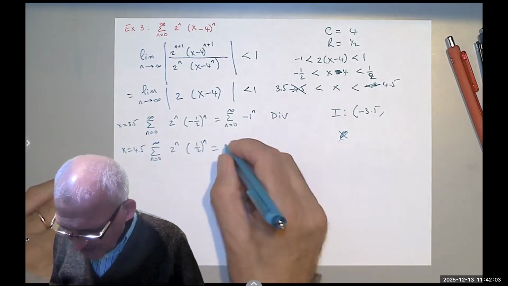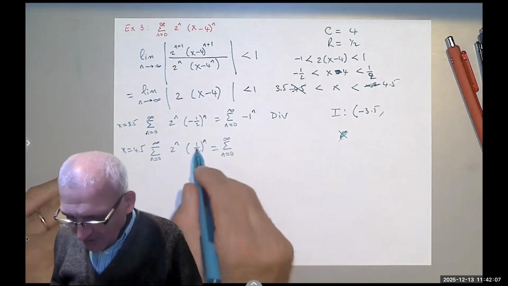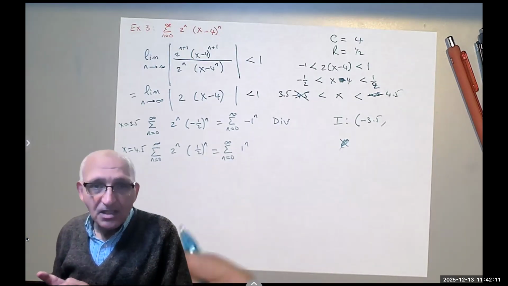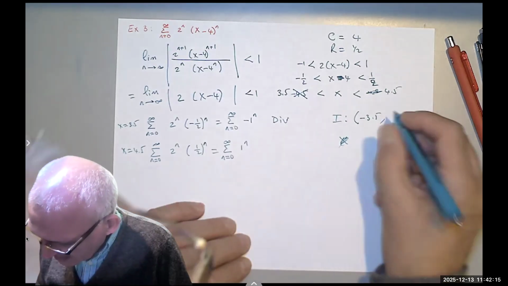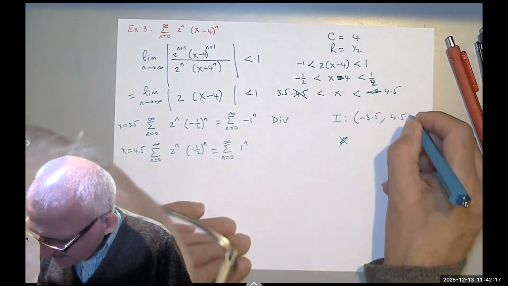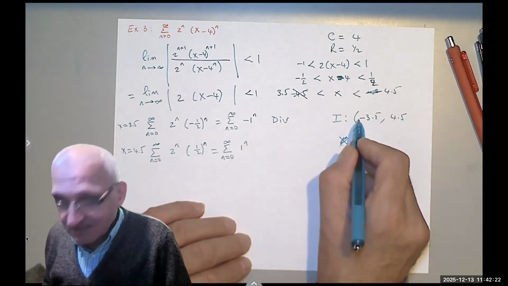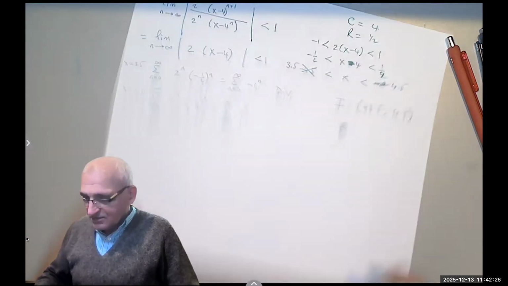Again, like before, this would be the summation, going from 0 to infinity, of 2 times 1/2 is 1, 1 to the n, and definitely this one will diverge because it's 1 plus 1 plus 1 up to infinity. So both sides diverge. Again, I wrote 3.5 wrongly.